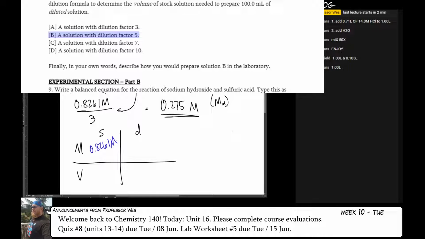We know that the stock solution is 0.8261 because it told me that. You just solved for the dilute concentration. Oh, I actually get another sig fig, so there should be a 4.